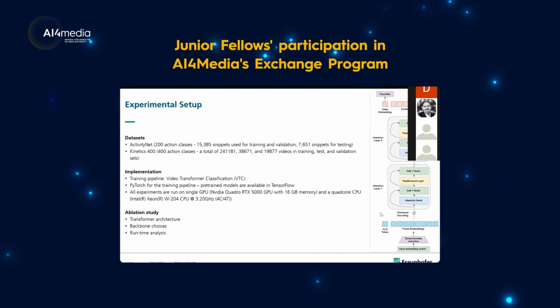Here in this image are the details of the transformer encoder. As mentioned, the input embedding matrix goes through the dimensionality reduction, and these reduced embeddings as well as the CLS token have to go through the two attention layers.